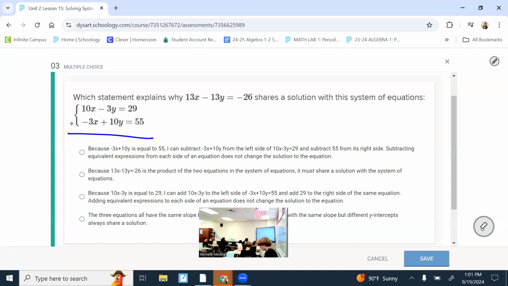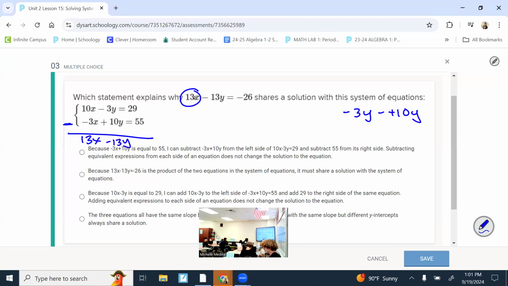Would adding these get me 13x? No, but subtracting would. So see if that works. 10x minus negative 3x does give me a positive 13x. Negative 3y minus a positive 10y is negative 13y.